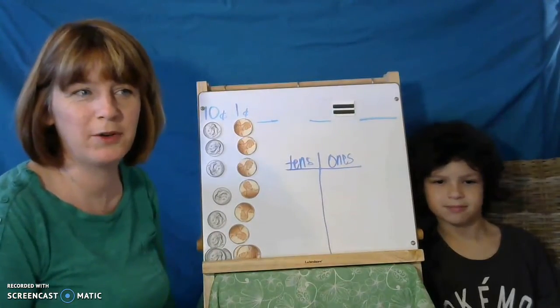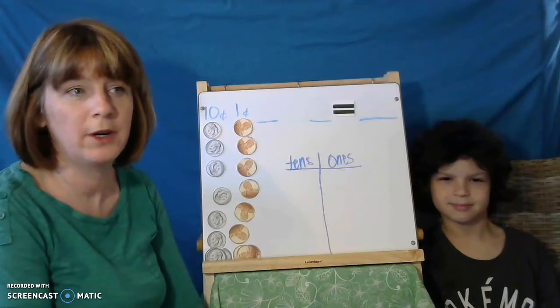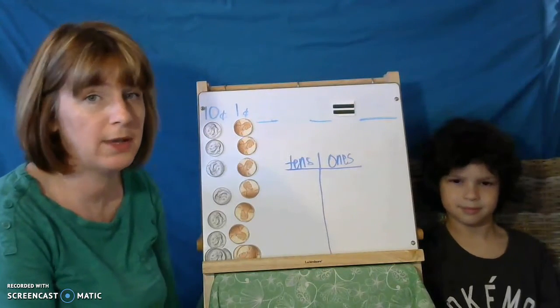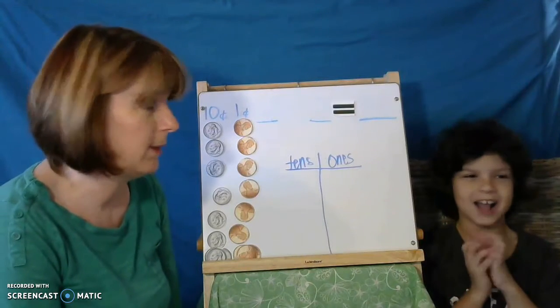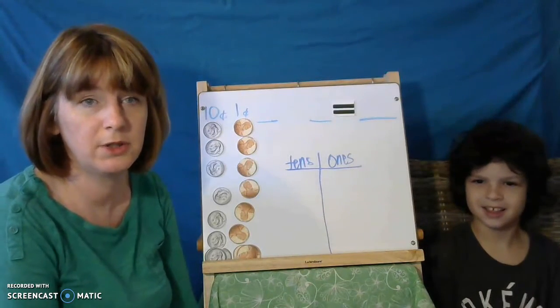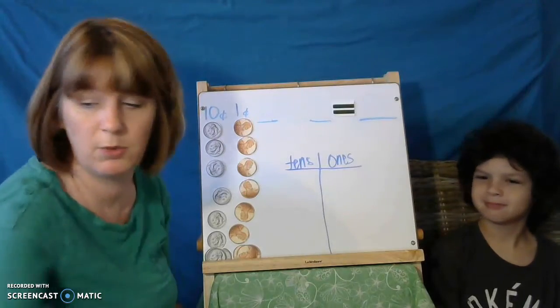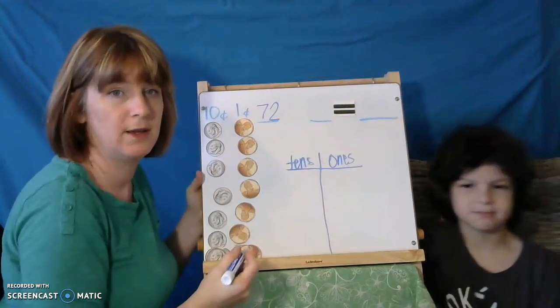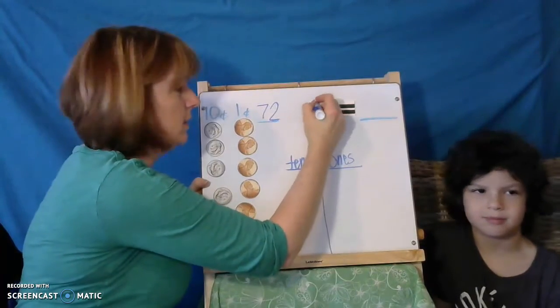Okay, next we are going to see what we're going to do when we have 72 cents. So I have 72 cents from my brother. And then my sister decided to give me 22 cents more. She said, "Oh, I'll give you some change.